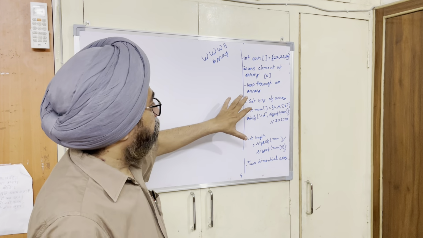Suppose it has 4 array elements. I'm putting values in such a way, initializing it: 0, suppose it is 1, it is 11, it is any value, it is 6.